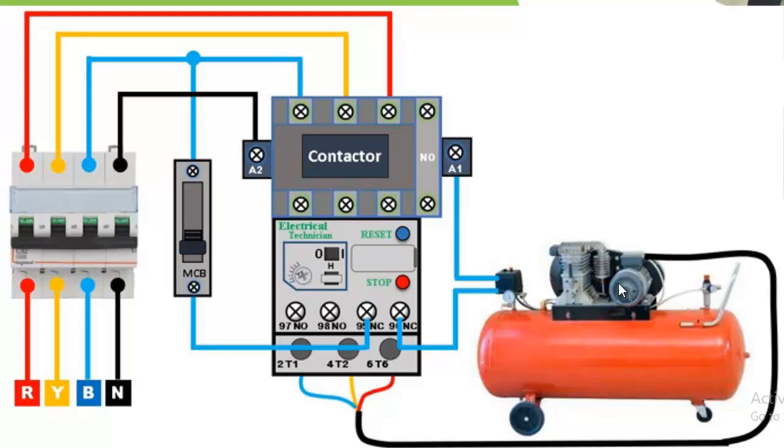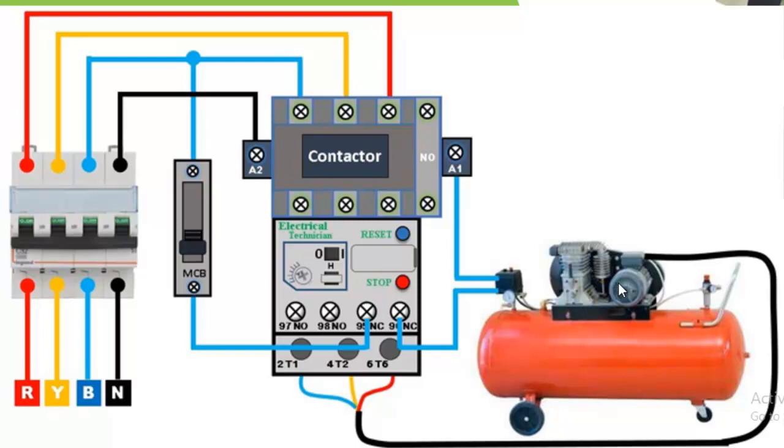Then as you are using the pressurized gas in the tank, the pressure will be dropping. It will drop to a level where the contact will make again, and the compressor motor will come on and pressurize the tank. So this is how it is connected physically.